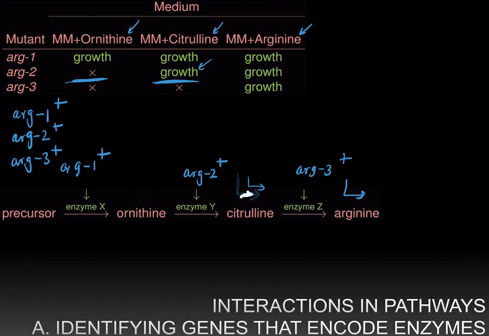And that is how we determine both the order of the compounds or the intermediates in the pathway, as well as assign which mutant is blocking which part of the pathway.